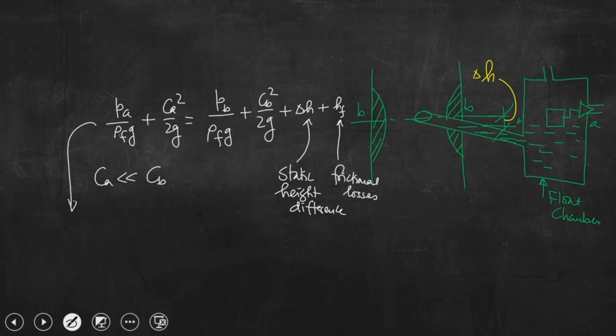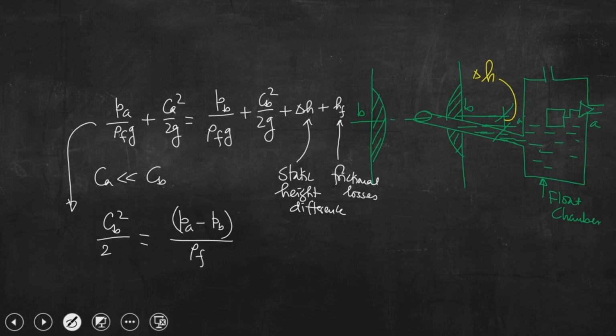So, from this equation we can write Cb square by 2 equal to PA minus PB by rho f.